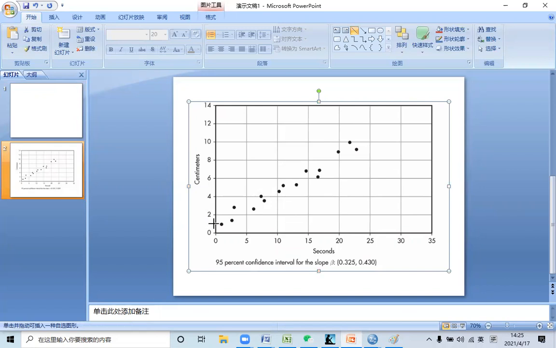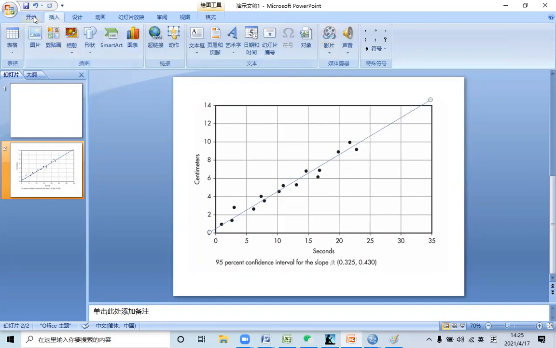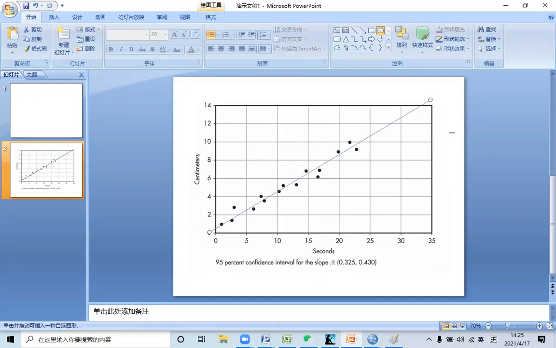The regression line will be here. So you are adding one data point. The one data point you're adding is here. This is going to be very close to the line.